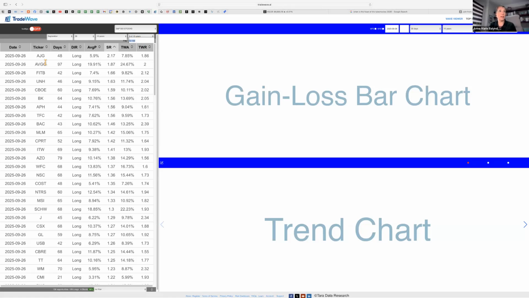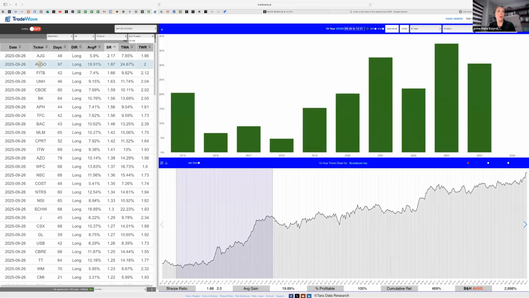Something that I feel is very strong is Broadcom. You can see that, of course, the chart agrees, and there's a lot of upward price action. It starts a little bit sideways, but then it really begins to take off as October begins.